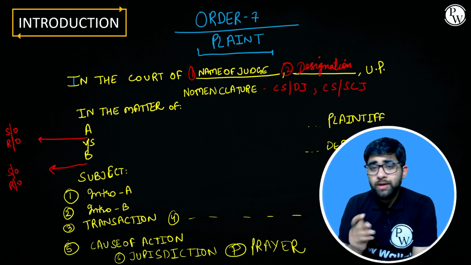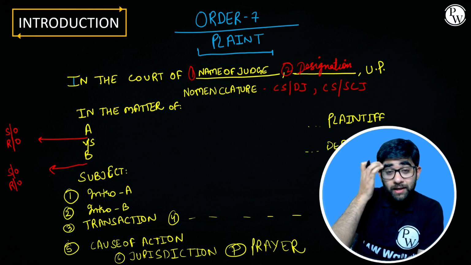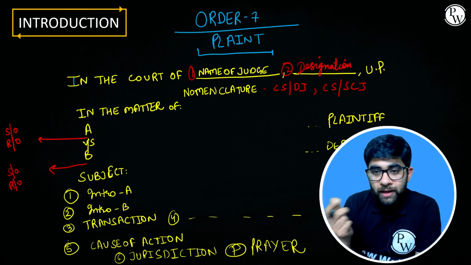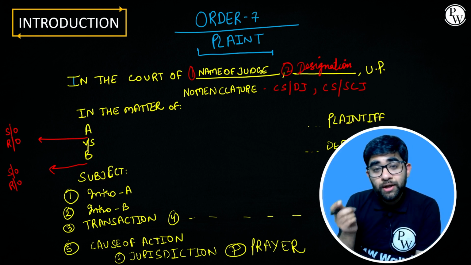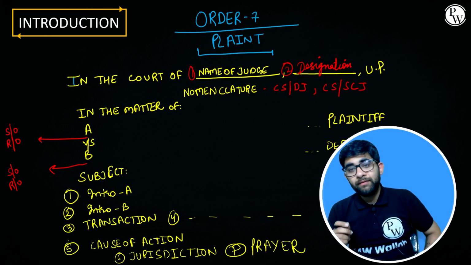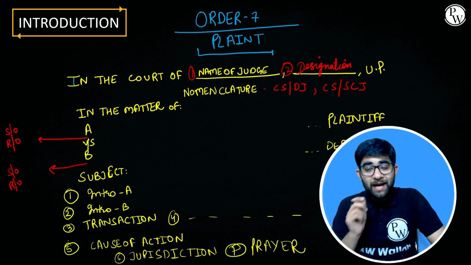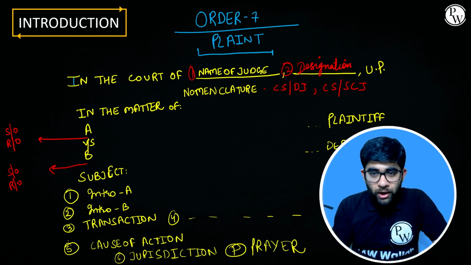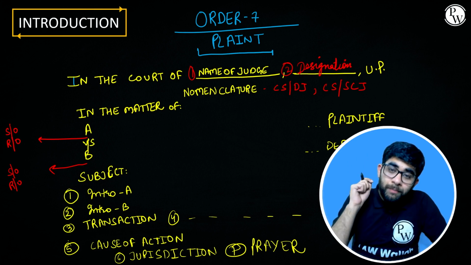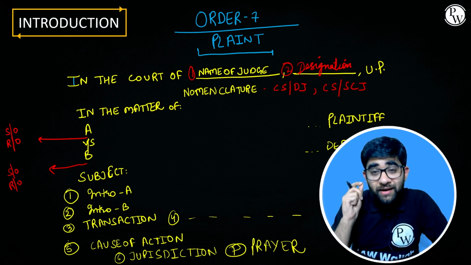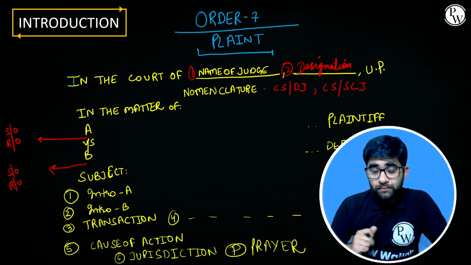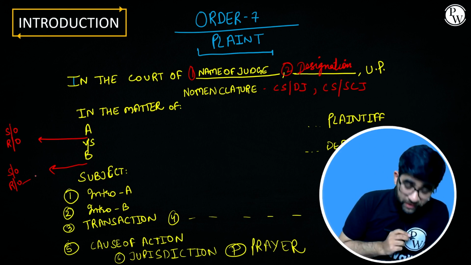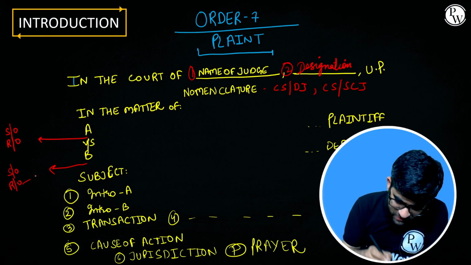Again, if not known, then not known. If you do not know the name of the father of the defendant, you can write none or not known, but you have to write the residence of the defendant.